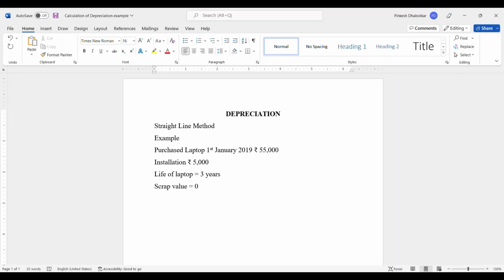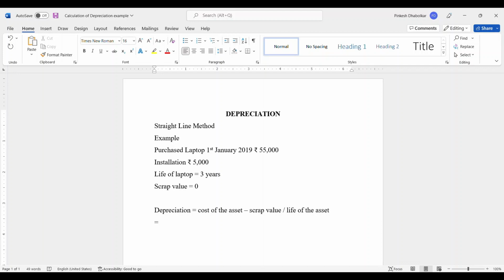So let us start with the solution of this problem, wherein we work with a very simple formula to calculate depreciation. Depreciation is equal to cost of the asset minus scrap value, if any, the entire thing divided by life of the asset. We make use of this formula: cost of the asset is how much we have spent, 55,000 to purchase, and installation charge is 5,000.